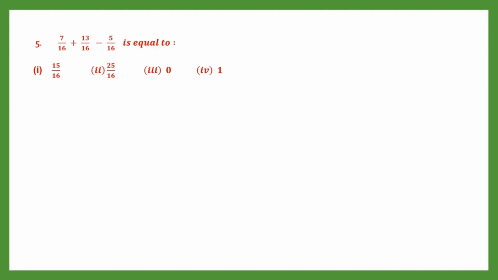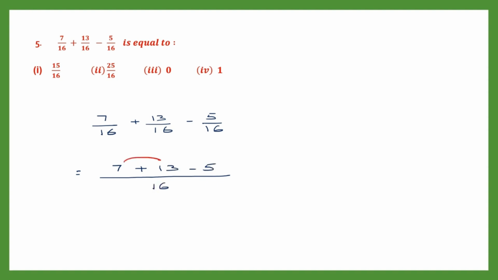Question 5. 7/16 plus 13/16 minus 5/16 is equal to how much? Let's work that out and see. So 7/16 plus 13/16 minus 5/16. When you have addition and subtraction, the addition has to be done first. So since the denominators are all the same, you can say 7 plus 13 minus 5, over 16.